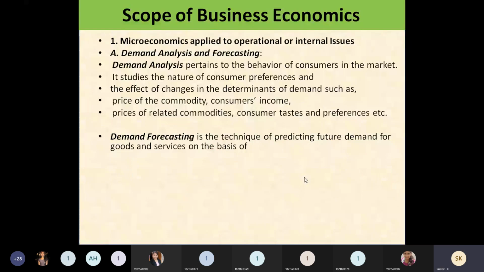And not only that, at present we are saying that all these are the factors, but in future, how the sales will be changing, that you need to predict now itself.